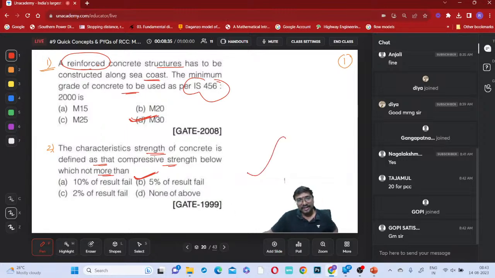If you consider this, what do you have here? 5% of results, so this will be taken as your characteristic compressive strength. Only 5% of results are below this value, and then this value is called fck. 95% of results must be greater than this value, and 5% of results must be lesser than or equal to this value.